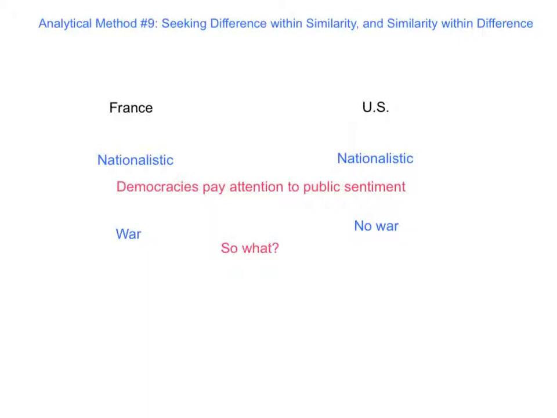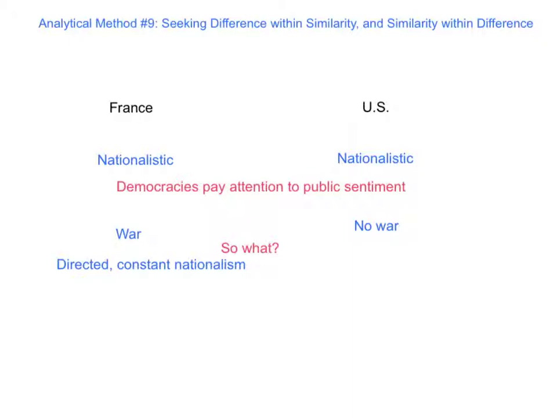In fact, we might find that French nationalism was very anti-German directed, and it was constant, and the public in France was at a steady state of being ready to go to war with Germany if the possibility arose.